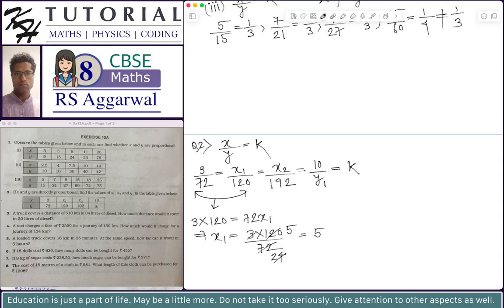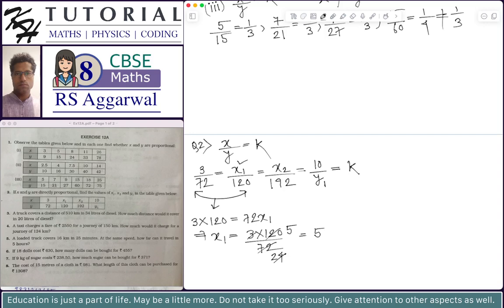Again, you can consider the ratio of any two corresponding values to solve the unknowns. To solve x1, I considered the ratio of the first and second corresponding values. Now to solve x2, I can consider the ratio of the first and third corresponding values, or even the ratio of the second and third corresponding values.